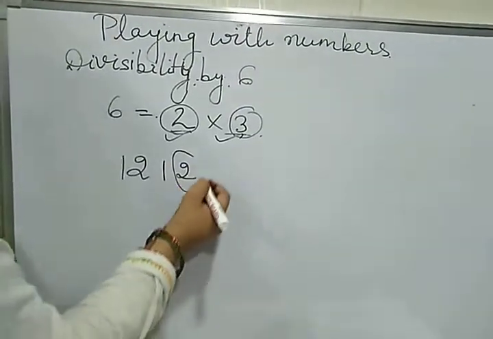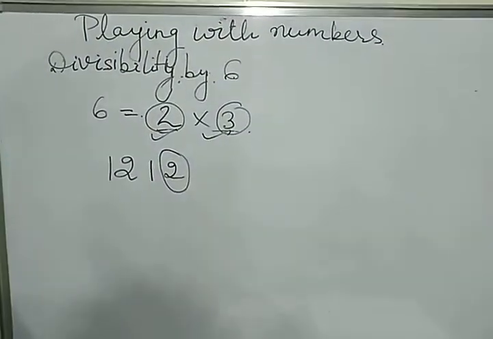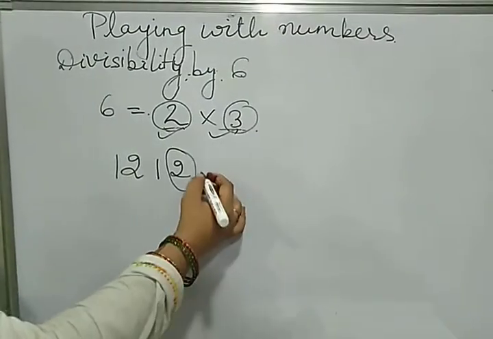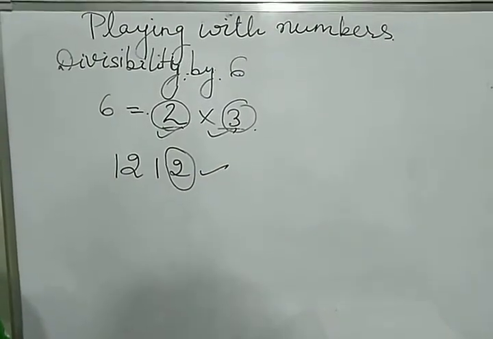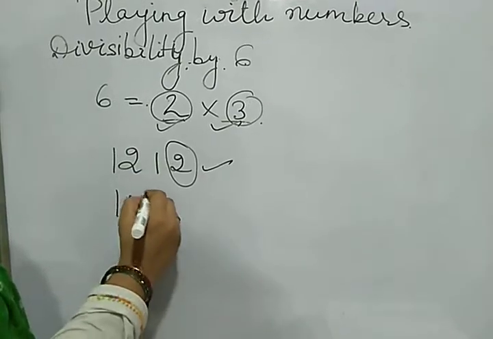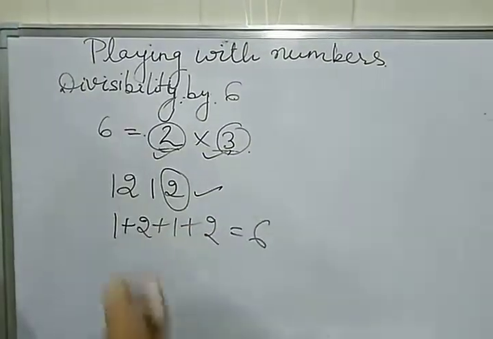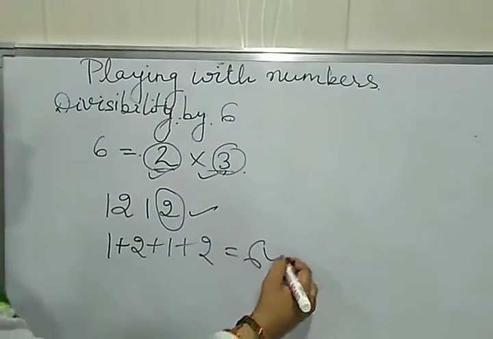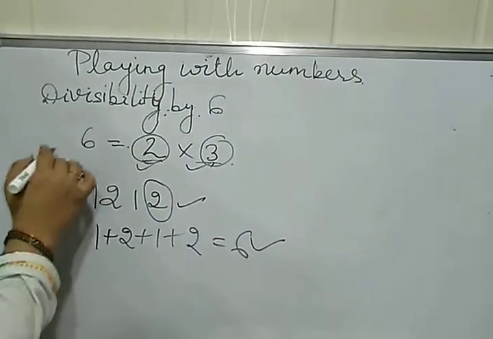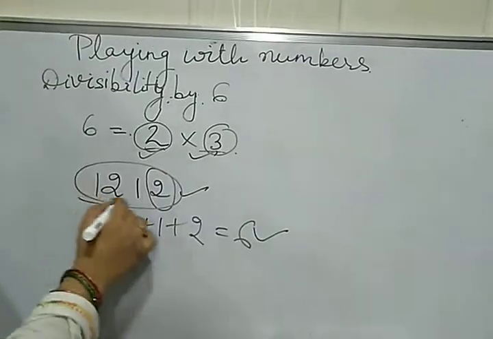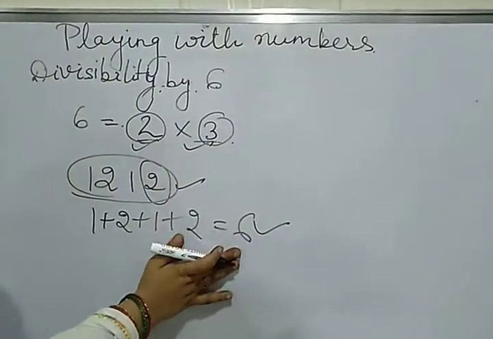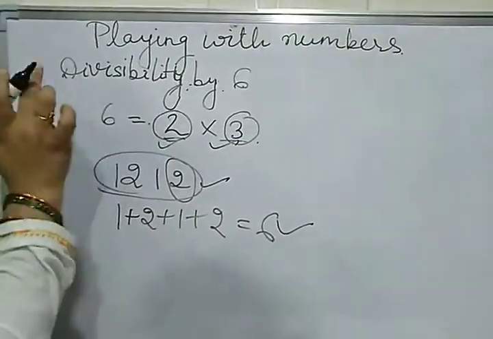Now see the ones place digit of the number, that is 2, an even number. So this number will be divisible by 2. And find out the sum of the digits of the number. Their sum is 6. That is also divisible by 3. So the number 1212 is divisible by 2 and 3 both. So it will be divisible by 6 also.